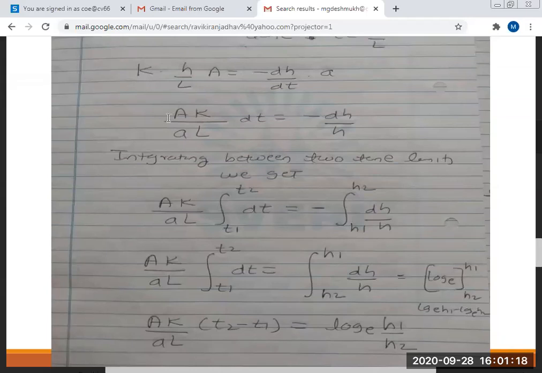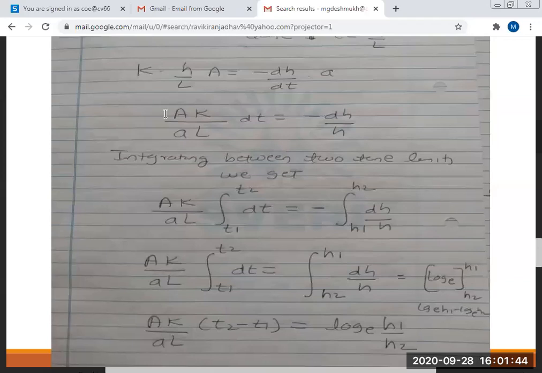A is cross section area of soil specimen. K is coefficient of permeability to be found. Small a is area of standpipe जो आप permeameter में रखे, and L is equal to length of the specimen.